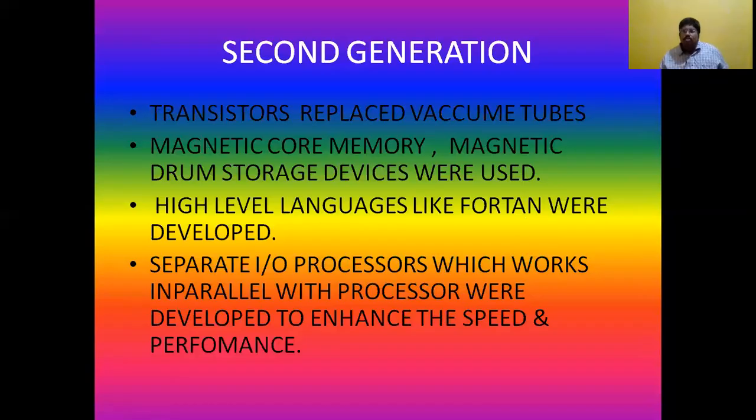That means in second generation we used high level languages. Next, one more facility is that a separate IO process, which works in parallel with the processor, was developed to enhance the speed and performance.